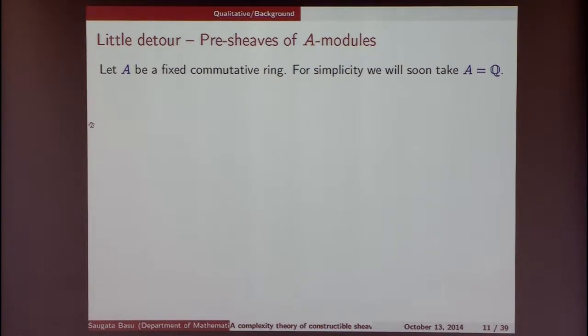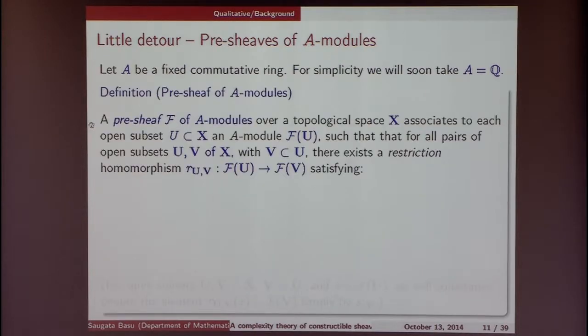So let A be a fixed commutative ring, and for simplicity, we are going soon to take A to be a field of characteristic 0. Might as well take A to be the rational numbers. I'll stick with A for a little bit. So a pre-sheaf on a topological space of A-modules, by the way, so we're not talking about the complicated sheaves like O_X-modules or things like that, just constant.